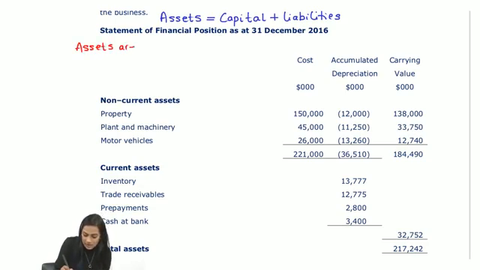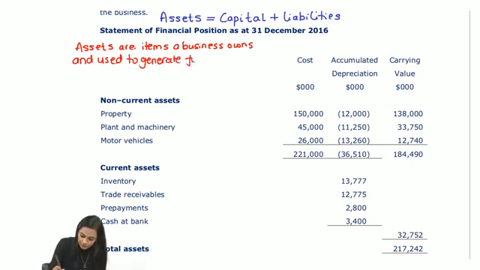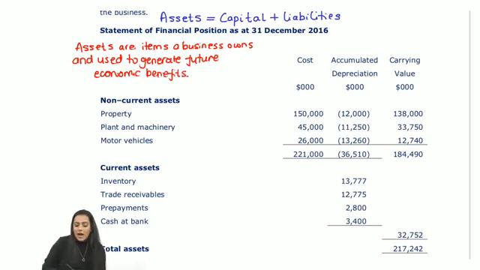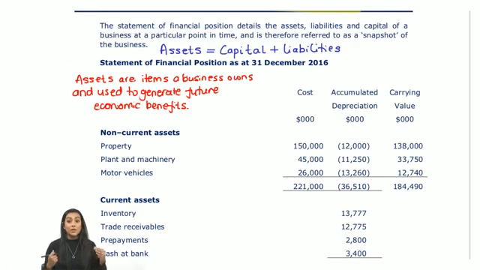Assets are items a business owns and uses to generate future economic benefits. Assets are things that we own to help generate future economic benefits.